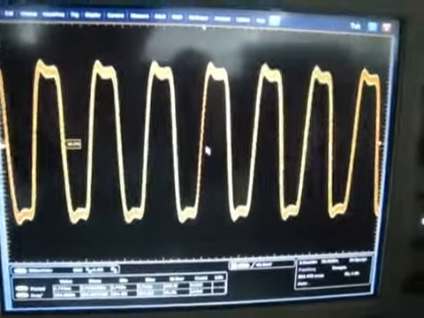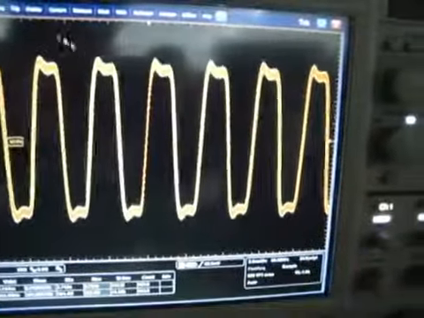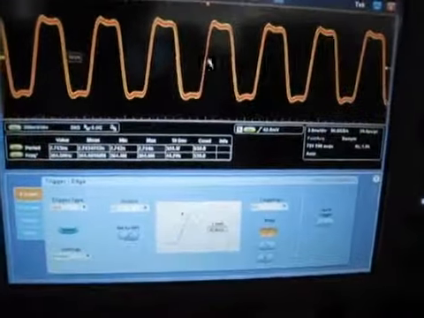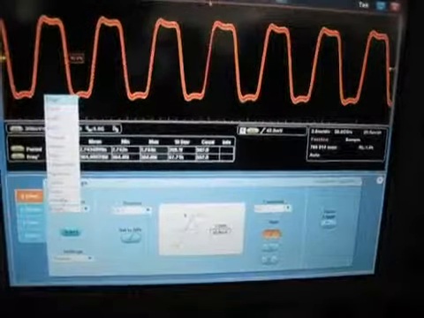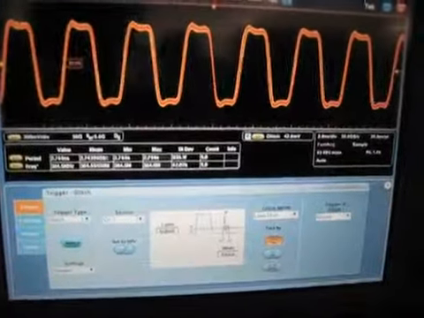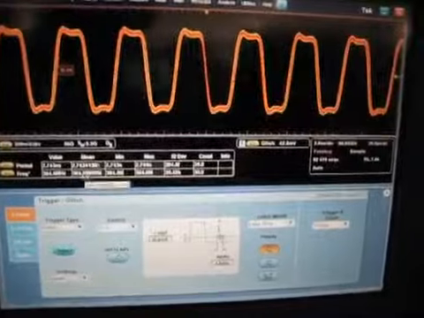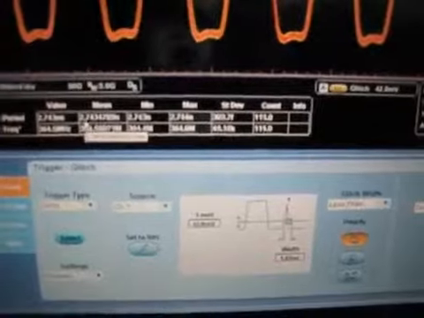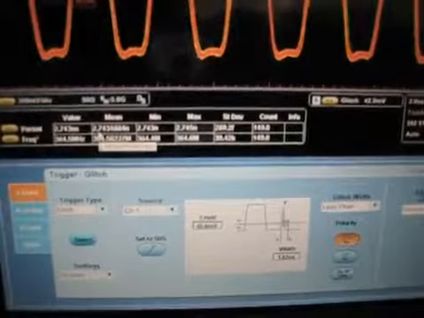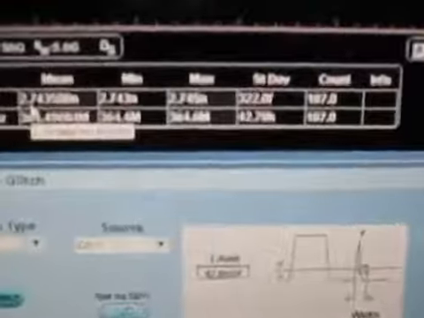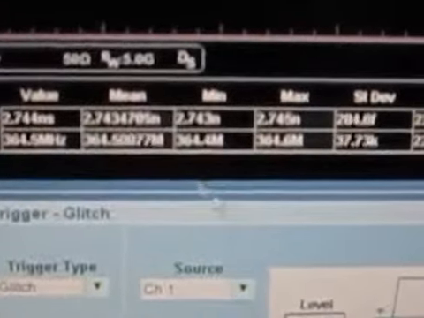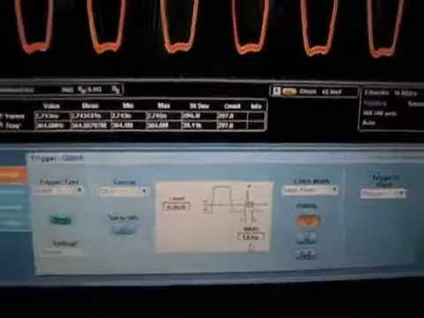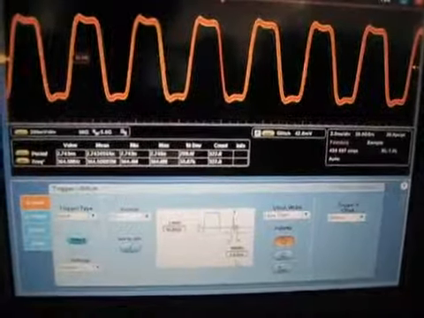I'm going to use an advanced trigger function. Let's go to the trigger, and I'm going to use the glitch trigger to trigger on this kind of timing distortion. So I switch from the A trigger to the glitch trigger, and because the frequency is 364 megahertz, the period of one cycle is 2.7 nanoseconds. So half of the clock period is around 1.35 nanoseconds, right?